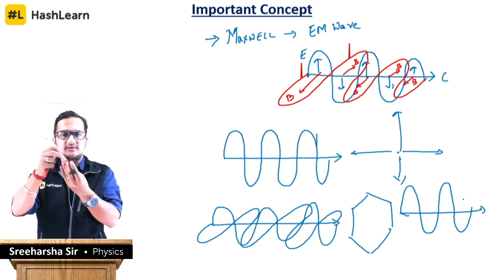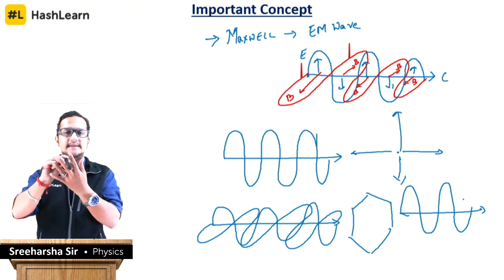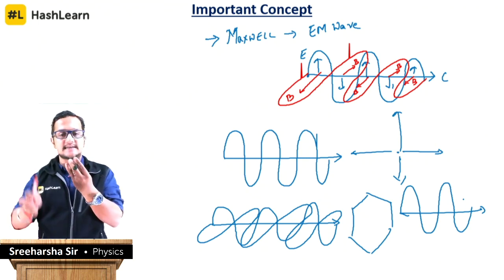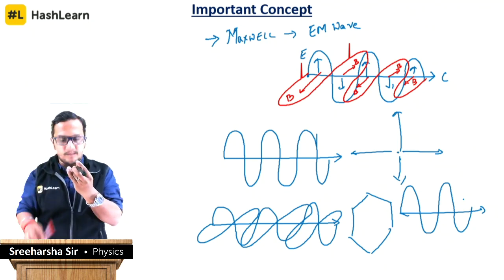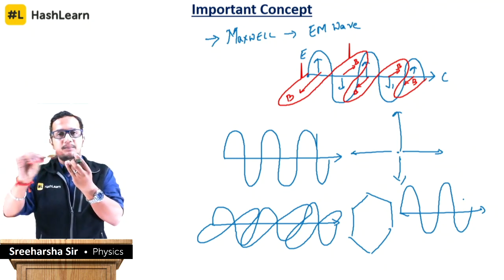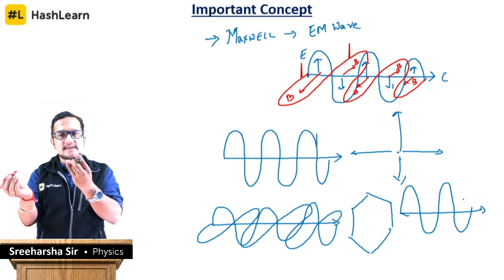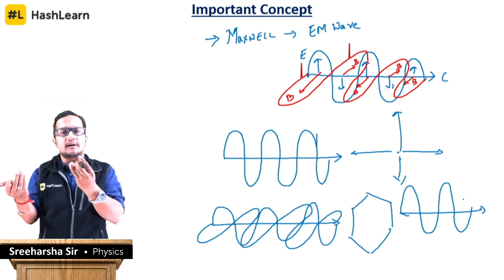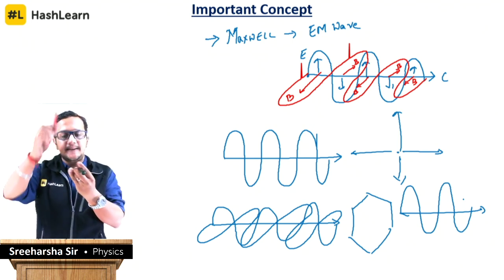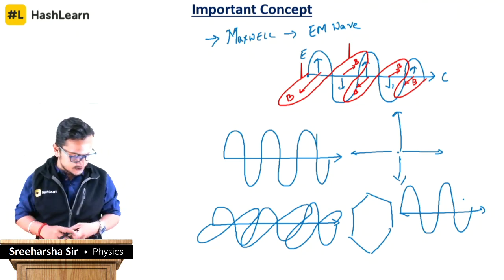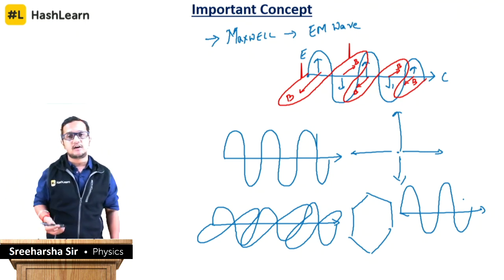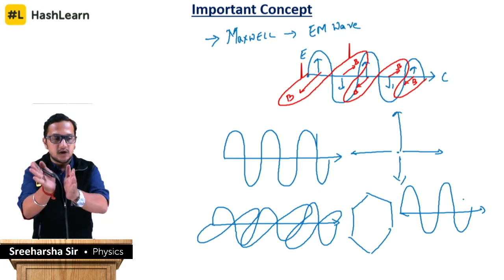When the light comes from the polarizer, you will have only these field vectors vibrating. This will be blocked, which means this is the blocked electric field vector and this will be allowed. So that is called the plane of polarization, and which is allowed.